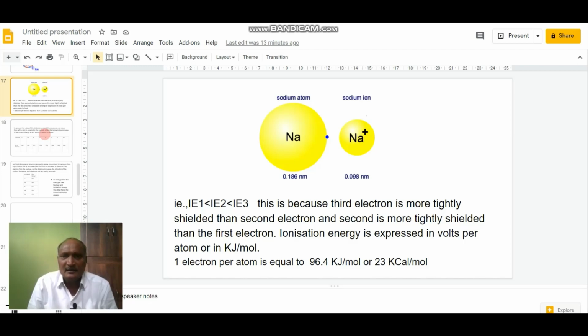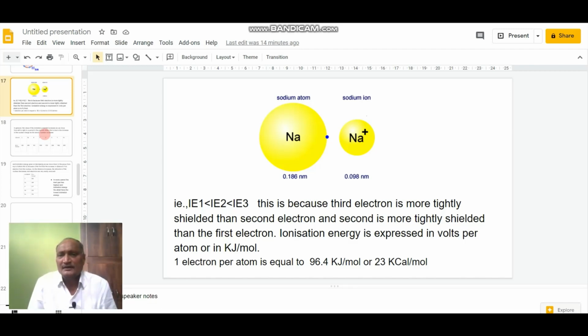It means IE3 is greater than IE2, and IE2 is greater than IE1. This is because the third electron is more tightly held than the second electron, and the second electron is more tightly held than the first electron.